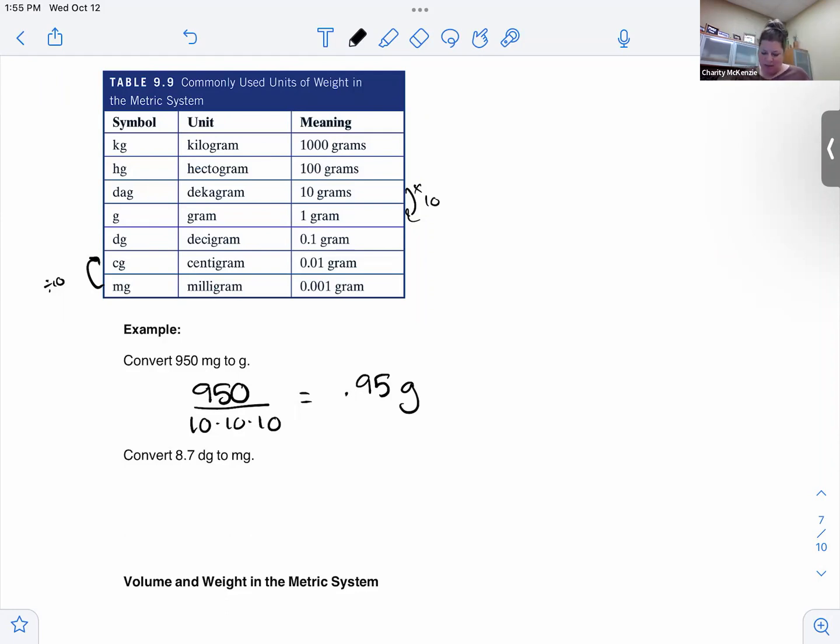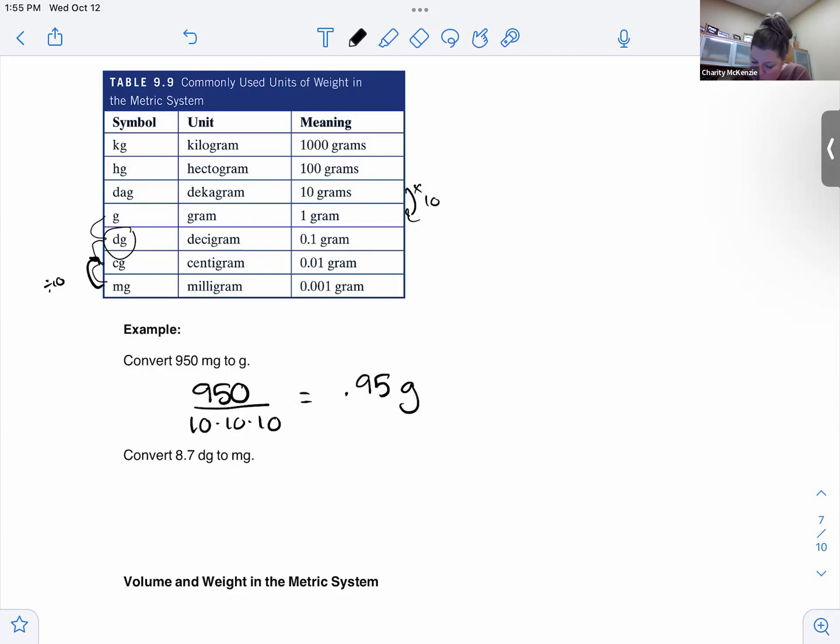Okay. All right, convert 8.7 dg. So we go up here to our dg, and it's going to go up 1. No, mg, sorry. Up 1, 2.